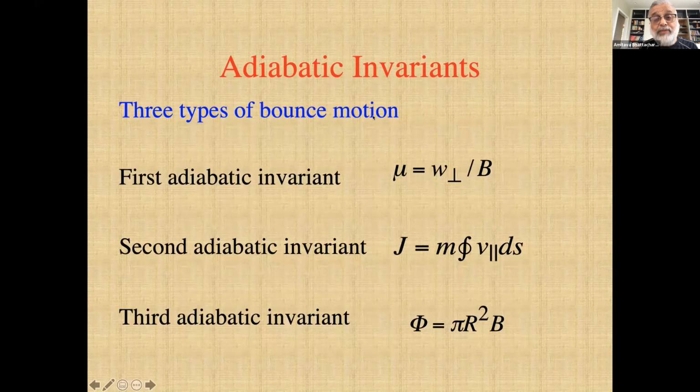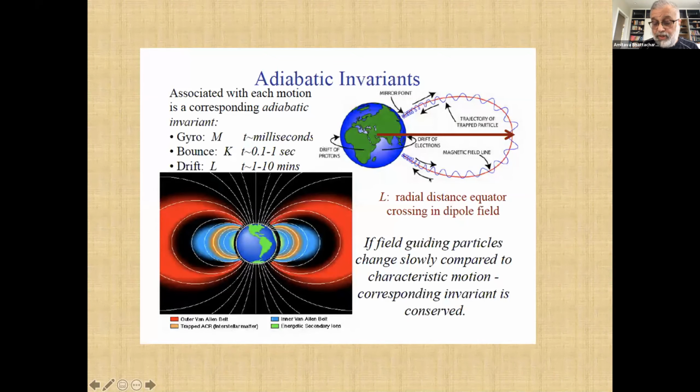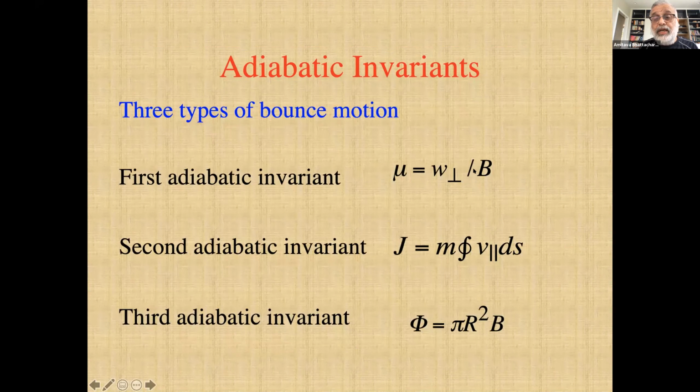And for the three types of bounce motion, you actually have the first adiabatic invariant, which is mu, the ratio of the perpendicular energy to the magnetic field. You also have the second adiabatic invariant, which is the parallel motion going back and forth in a confined bounced orbit.